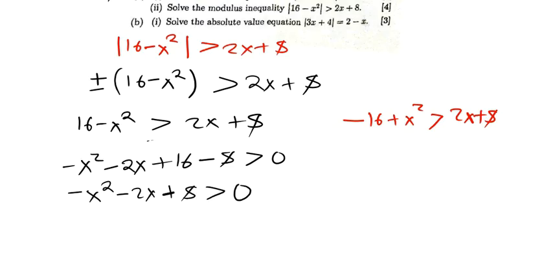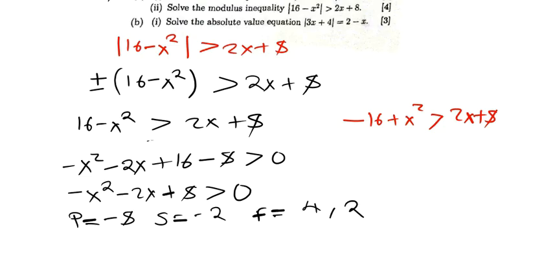Quadratic inequalities are easily simplified if you work with factorization. So let's try to factorize what we have. The product is minus 8, the sum is negative 2. What are the two factors? Think of 4 and 2.